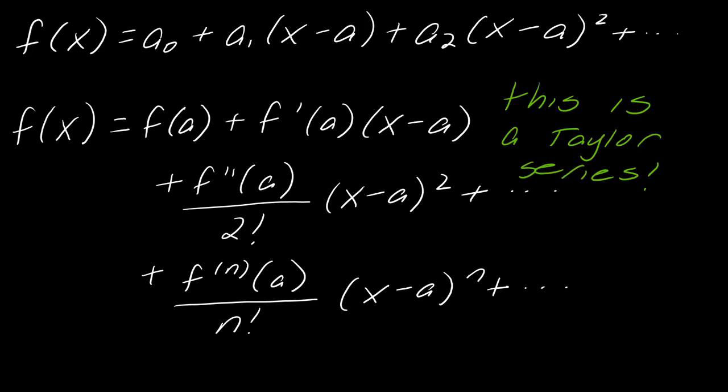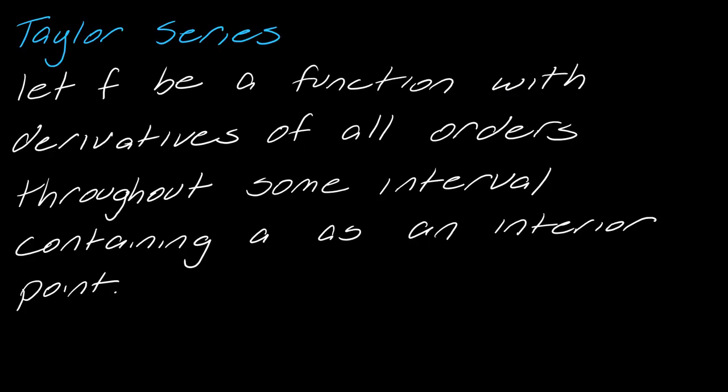And all right, finally, I can tell you this is what a Taylor series is. It's kind of a big thing to build up to, but let's define it formally now. Let f be a function with derivatives of all orders throughout some interval containing a as an interior point.